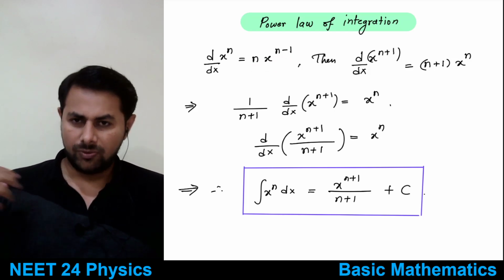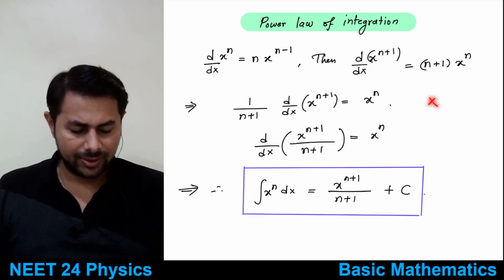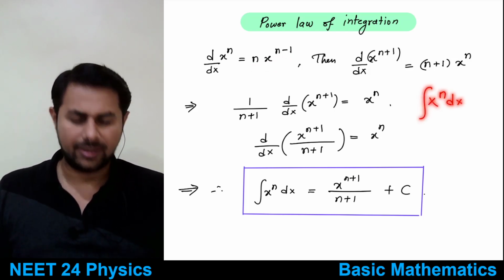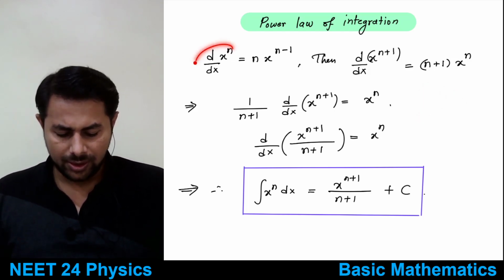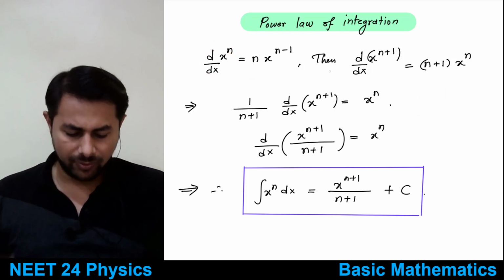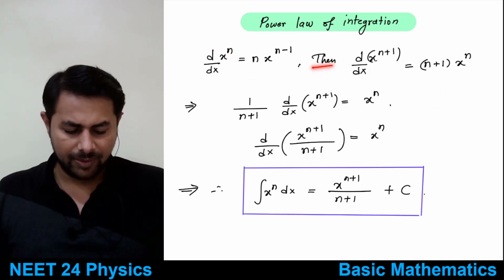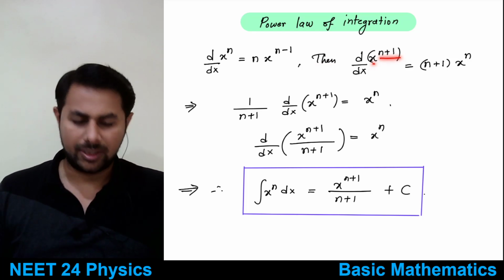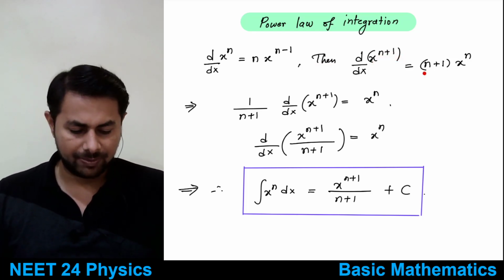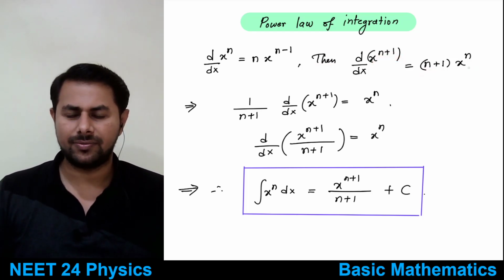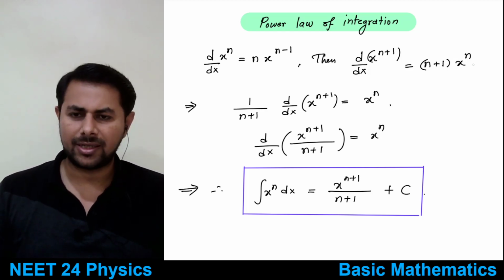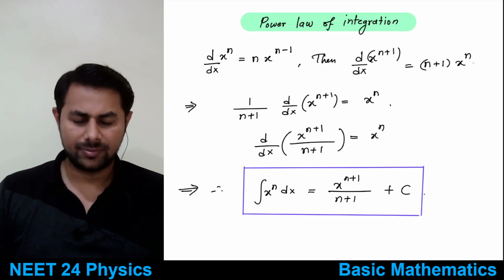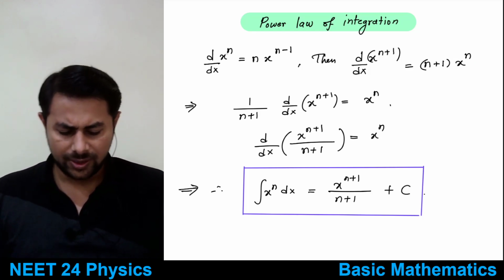Now what I want to find out is, if I take the integration of x raised to n, then what do I get? If this is the power law of derivatives, then if I take the derivative of x raised to n plus 1, I will get n plus 1 multiplied by x raised to n.